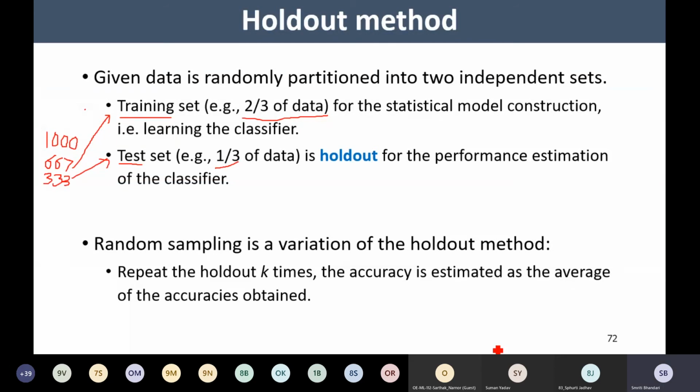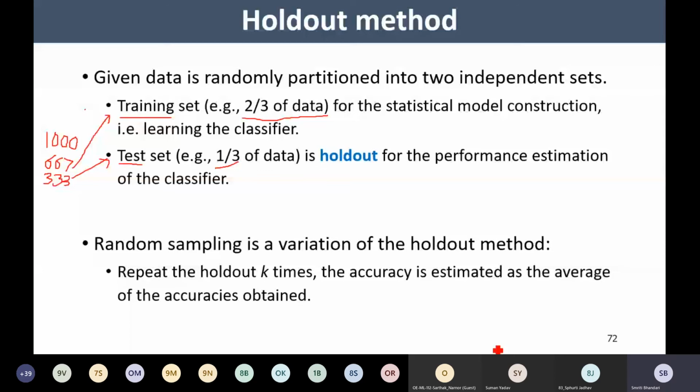So if this happens and I am performing the experiment only once, then the result or the error rate may mislead. So that is one drawback.